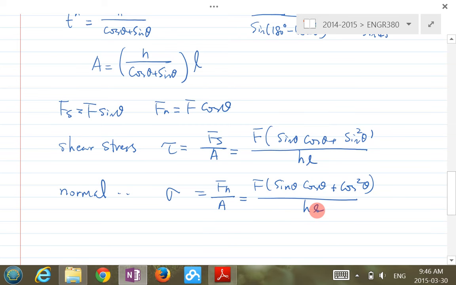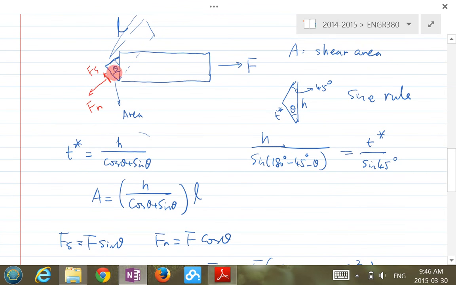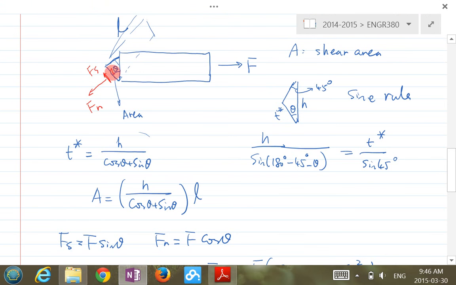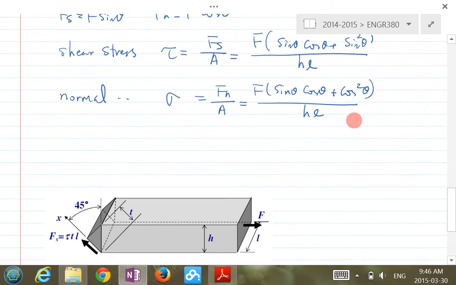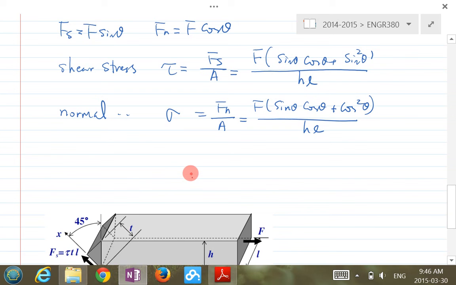Is that good? If you recall, at the beginning of the course we learned a review of the state of stress and analysis, and also the distortion energy theory. So let's do this. We're going to take a little stress element out of that location. So if I take a stress element out of the location, what am I looking at?